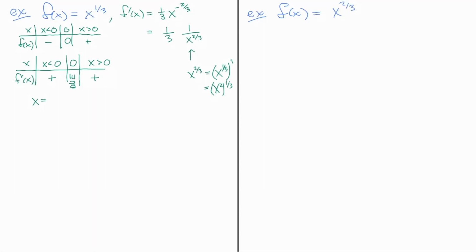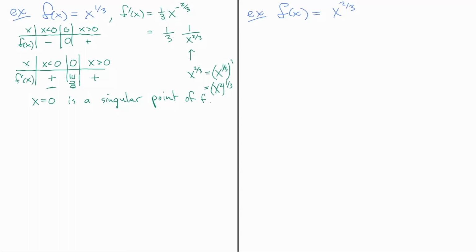So x equals 0 is a singular point. Some people call this a critical point, but I'm using singular to distinguish a 0 of the f prime as opposed to a point where it blows up. So x equals 0 is a singular point of f because its derivative does not exist there.